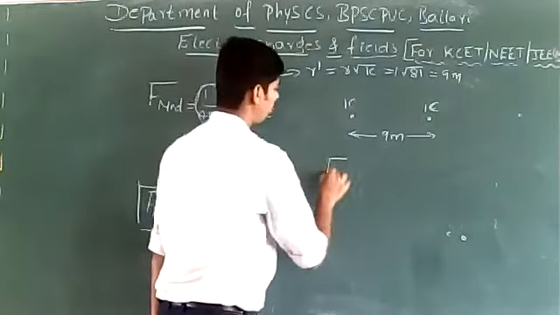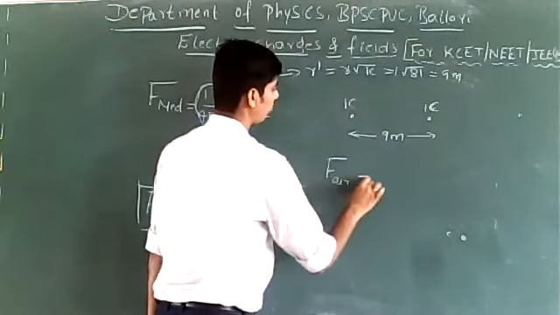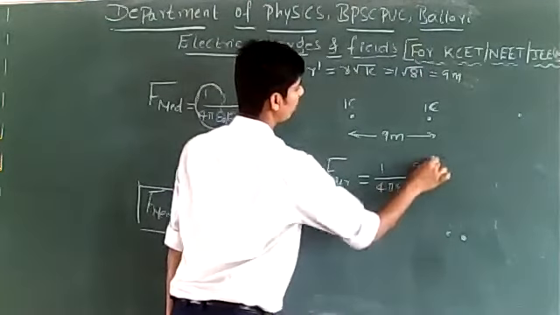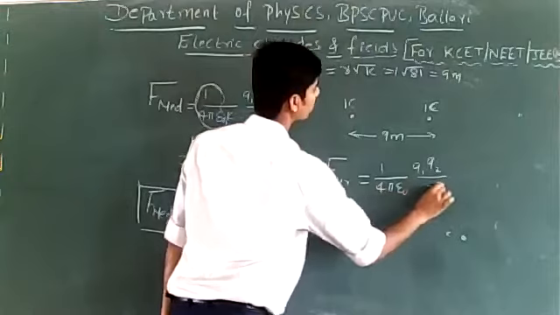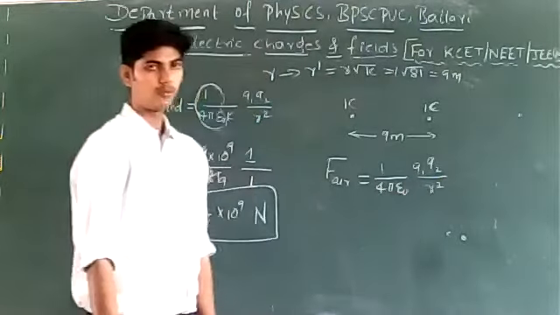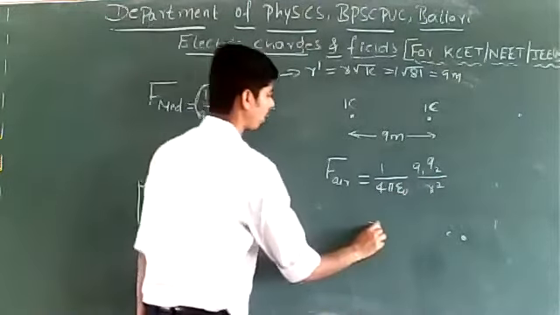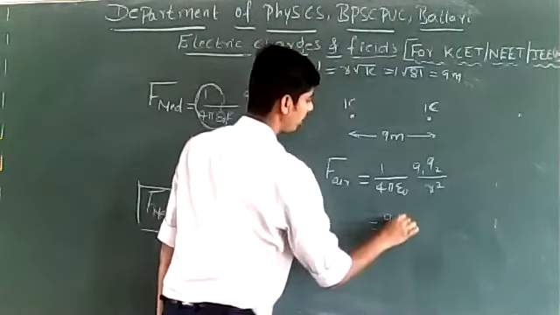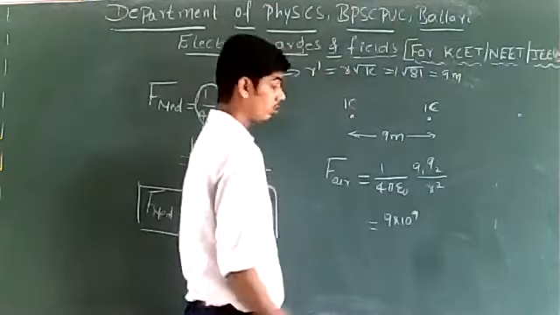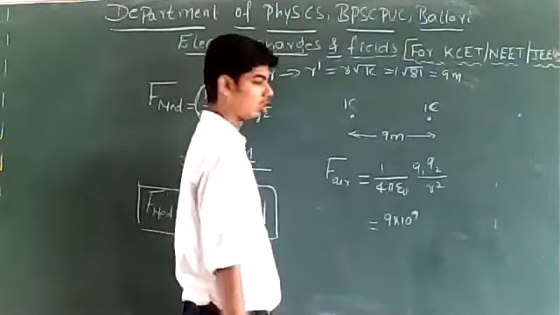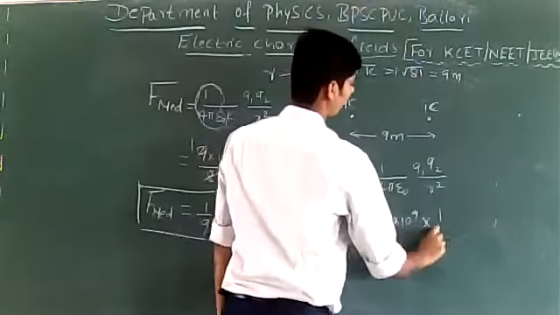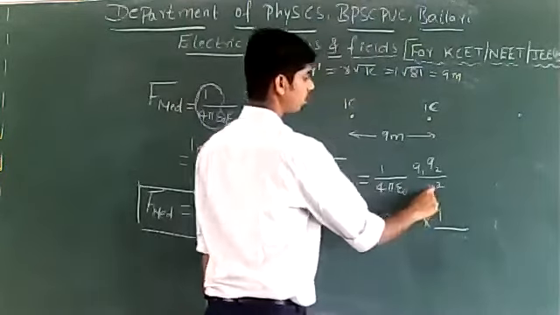Let's see. Force in presence of air or vacuum is 1 by 4 pi epsilon naught q1 q2 divided by r square. 1 by 4 pi epsilon naught is 9 into 10 to the power of 9, into q1 into q2, 1 into 1, divided by r square.